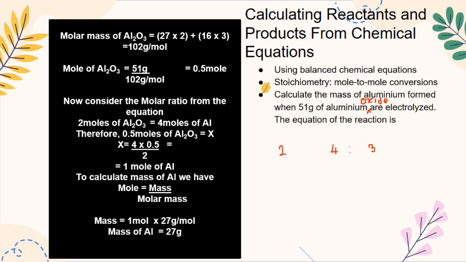Take a look at this question we have here. Calculate the mass of aluminium formed when 51 grams of aluminium oxide are electrolyzed.